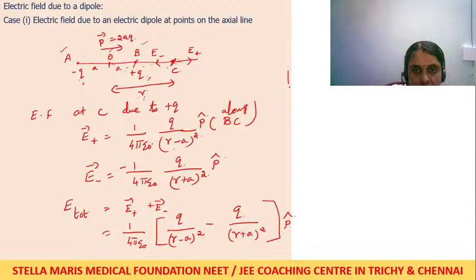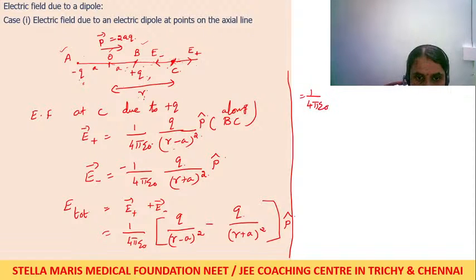Okay, so when we solve this, we can get 1 by 4 pi epsilon naught. Q is also a constant, so take it out, Q by 4 pi epsilon naught. So here we should take the LCM. When you take the LCM, you can get the answer 4AR divided by R squared minus A squared the whole squared into P cap.